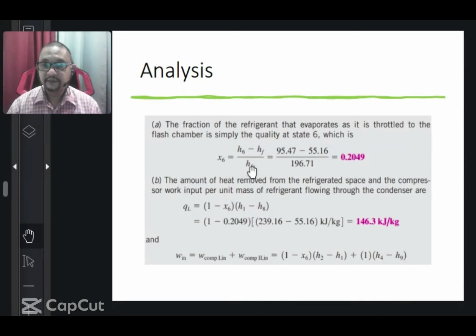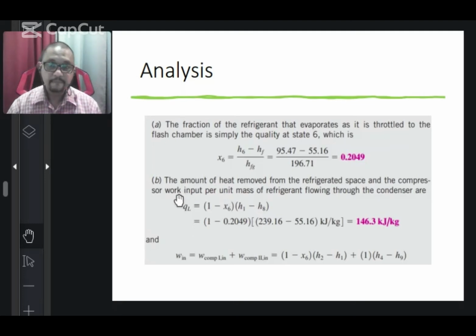Using this equation, h6 is equal to hf plus x6 hfg. Sorry, I repeat, h6 is equal to hf plus x6 hfg. From here you restructure the equation, then you will get x6 equals 0.2049.